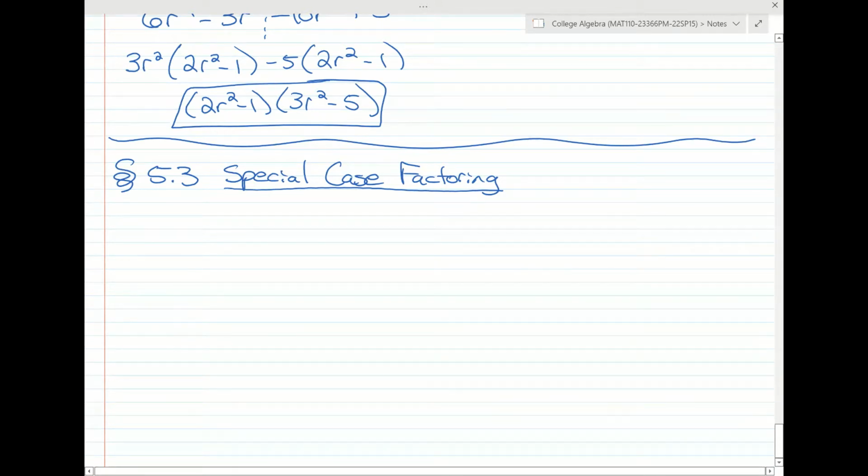So with special case factoring, there's 3 different types. So just to make this tree again.